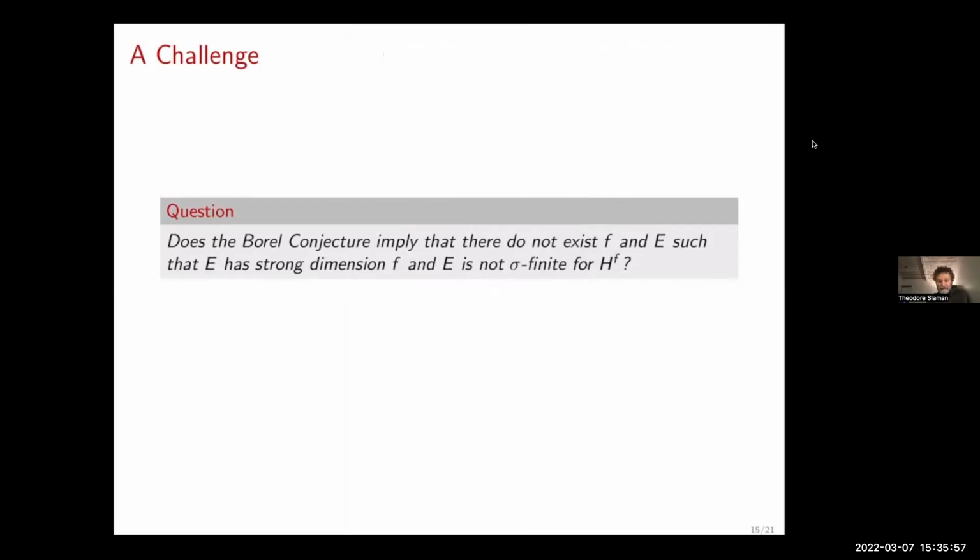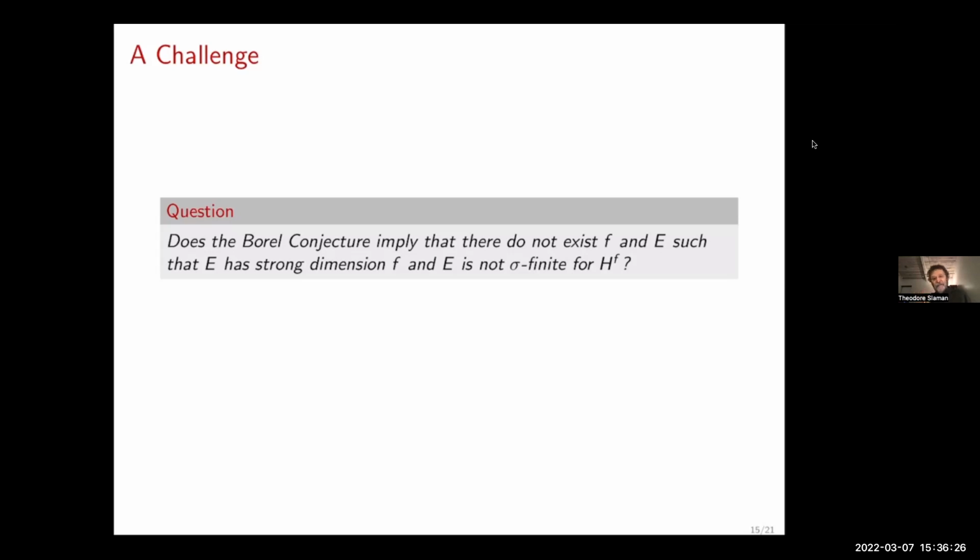In this whole line of investigation, to me, this is the most interesting question. And unfortunately, I don't know the answer. The natural thing to do is to look in Laver's model, right? But so far we haven't been able to get a grip on the problem.